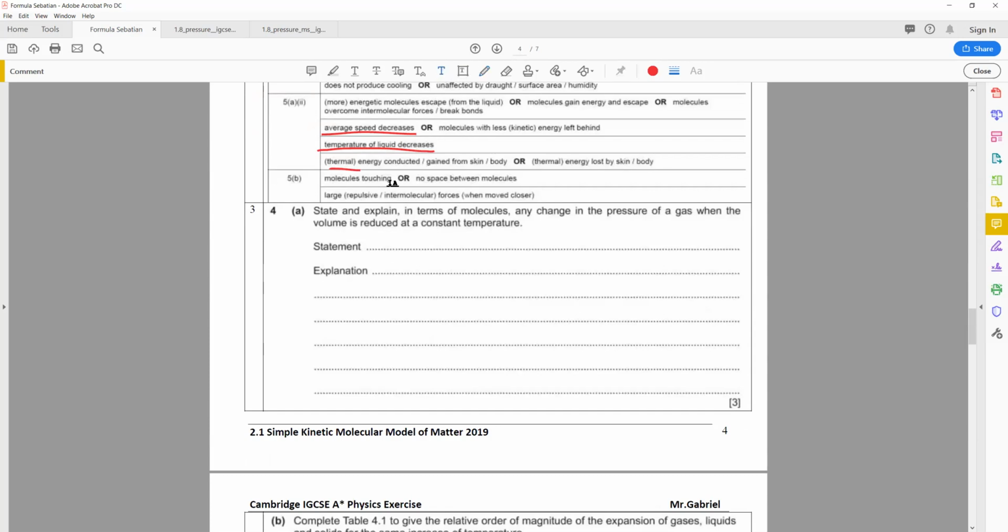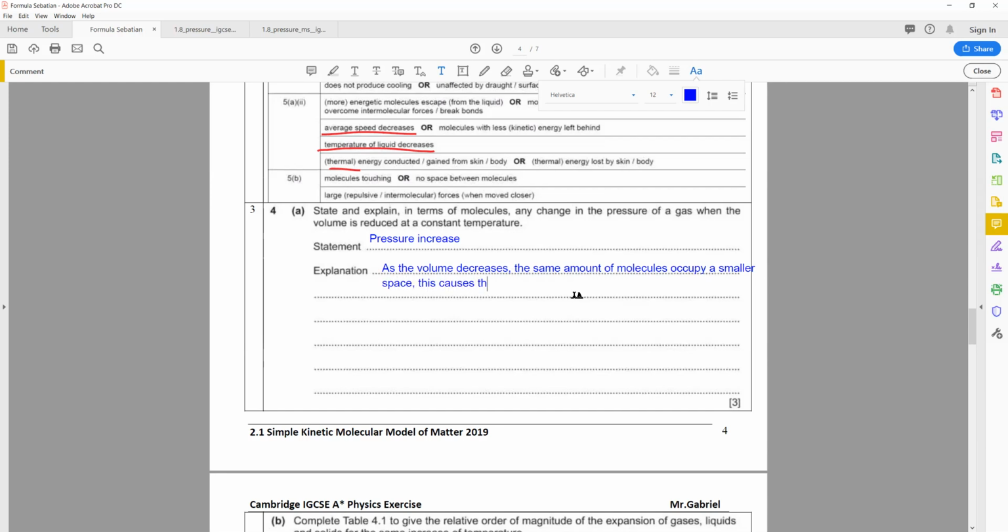So from here, once you understand that, obviously the pressure increases. Why? The explanation is: as the volume decreases, the same amount of molecules occupy a smaller space.